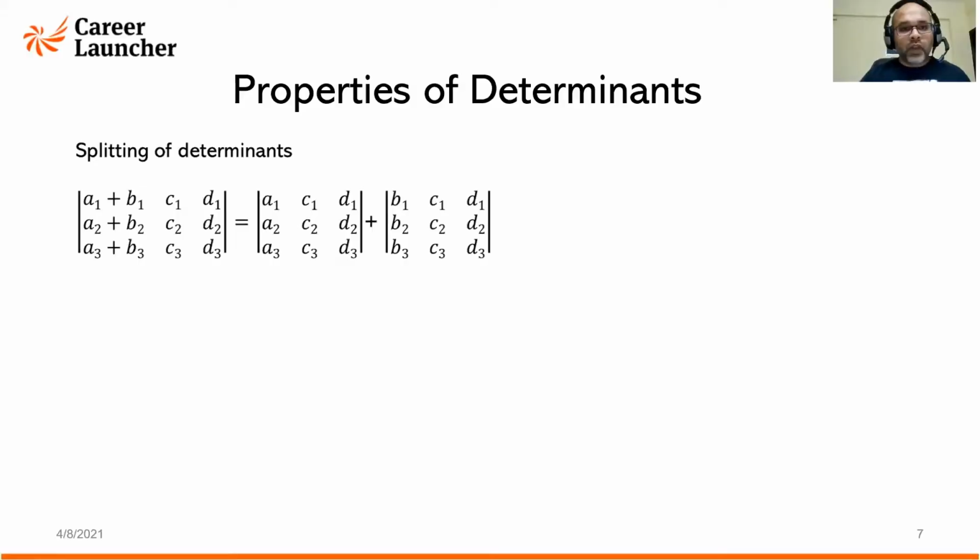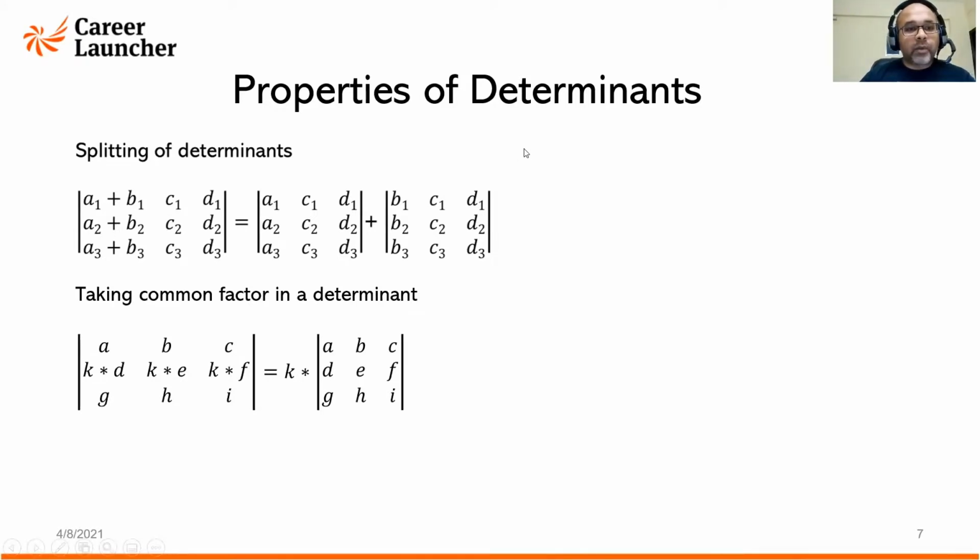Okay, right. The next property that we have is taking the common factor in a determinant. Now please remember, there is a difference between factor common in a matrix and a determinant.